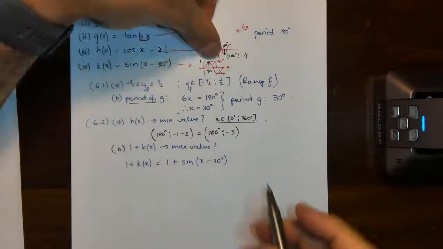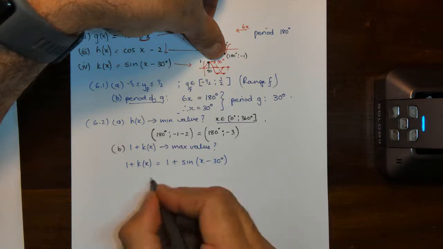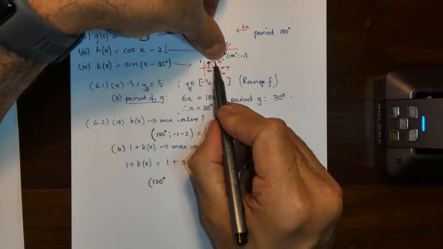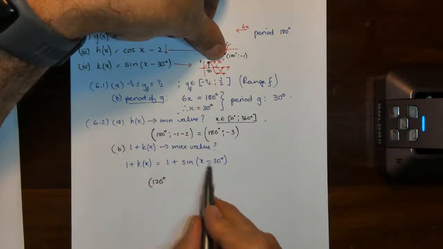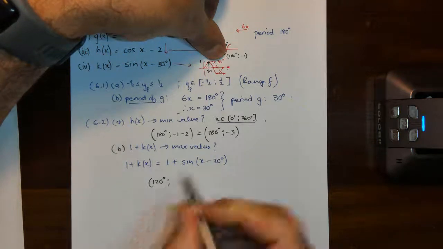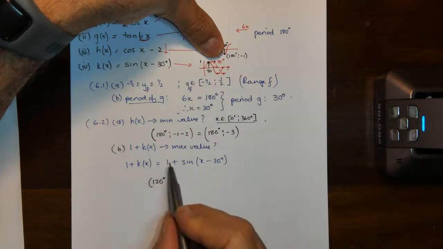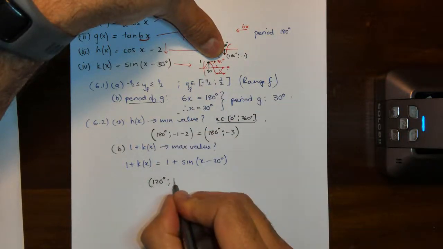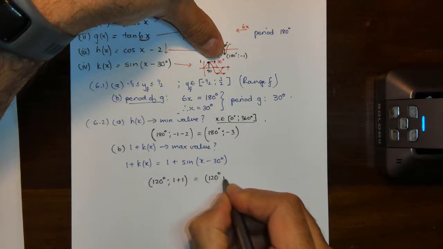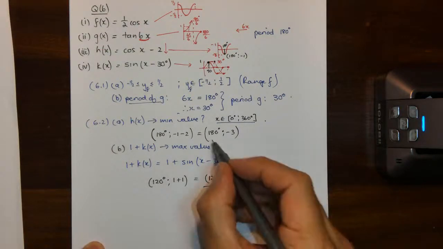But what happened? We moved it 30 degrees to the right. So it will be at 120 degrees, the 90 plus 30 to accommodate the horizontal shift. At that point, the maximum value was still 1. But now we're translating it 1 upwards. So it's 1 plus 1.